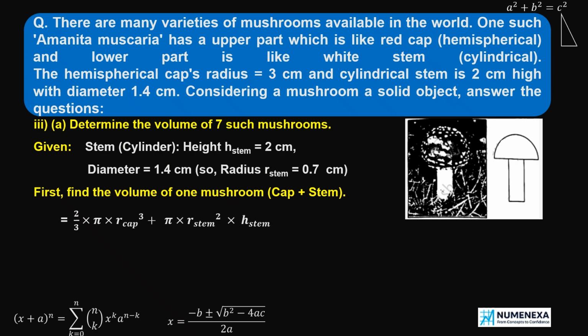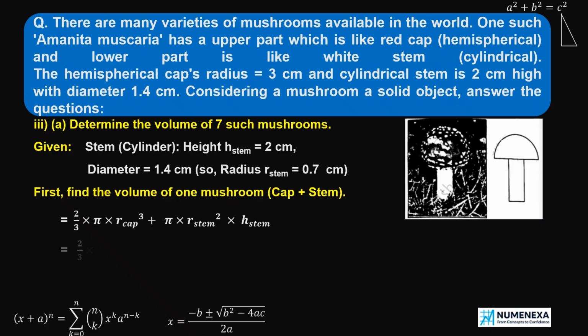So as we know, the cap is a hemisphere and the volume of a hemisphere is 2/3 pi into radius cube, and here I am replacing r with r cap, which means the radius of the hemispherical cap, plus the volume of the cylindrical stem, and for the cylinder, just now we found it is pi r square h.